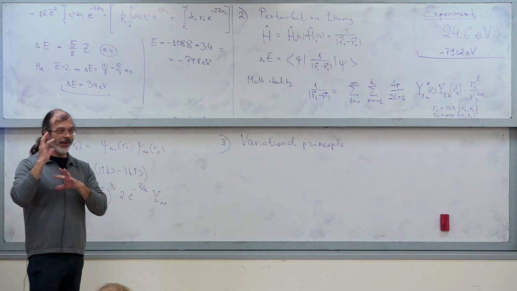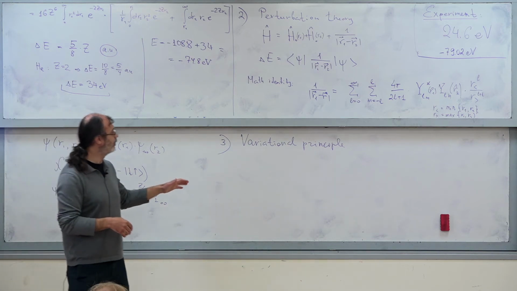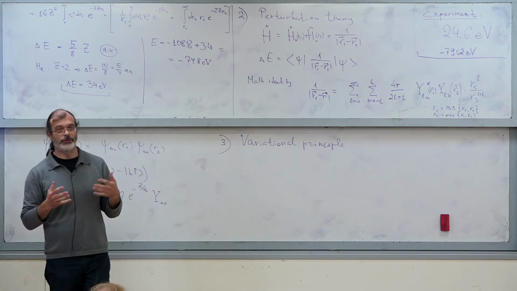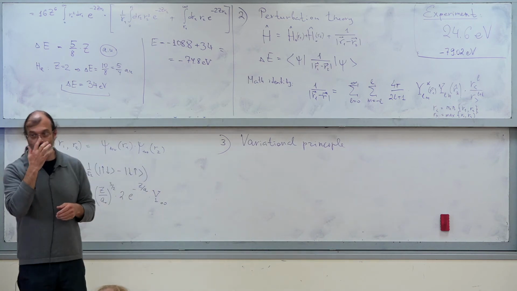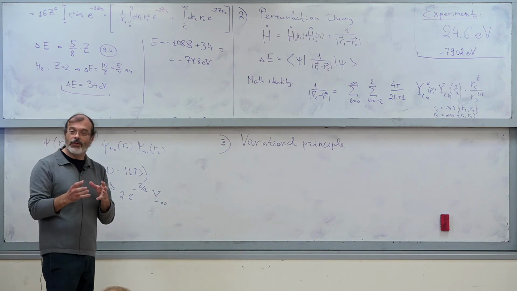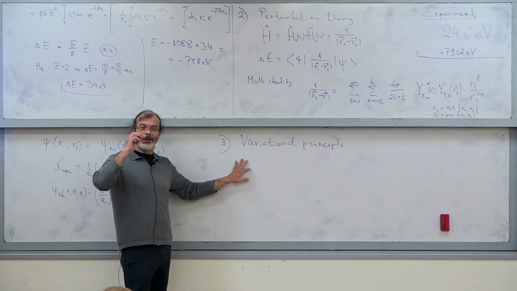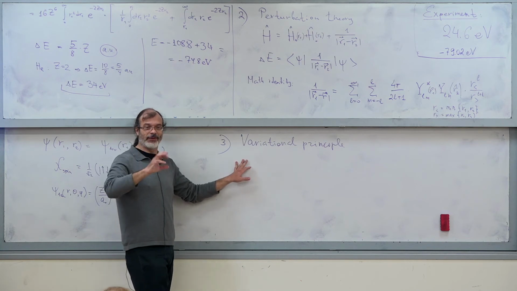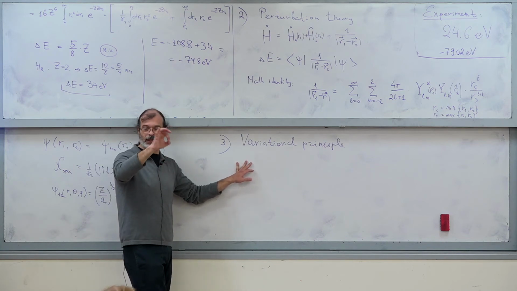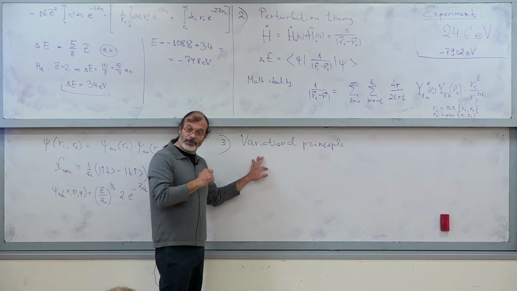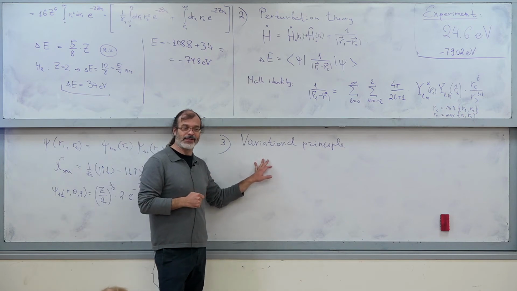So an intelligent guess of the wave function brings you to a good result. That's the magic trick of this story. If you know how to write the correct function with a certain variational parameter, then you will be able to get successful results.